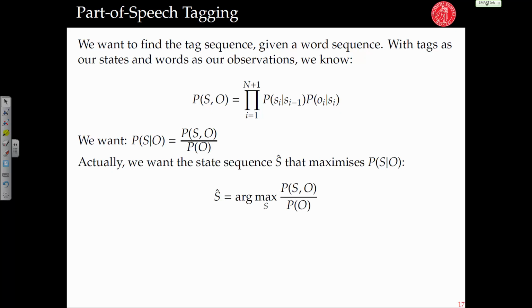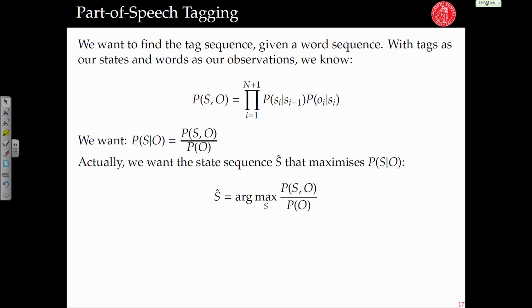And again, our problem is to find the state sequence S hat that maximizes the probability of S given O. So this could be written as the argmax over S of this term.